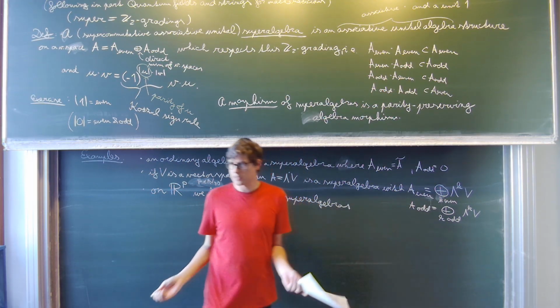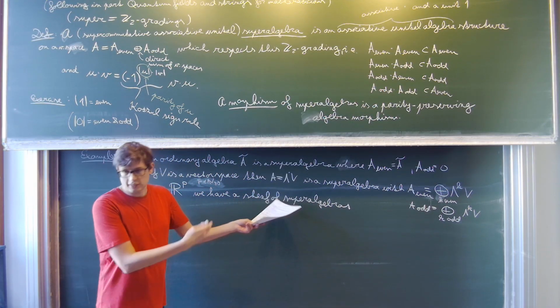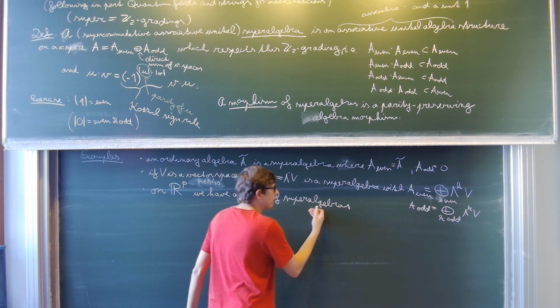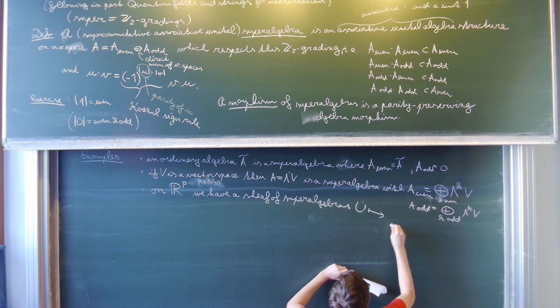So what is a sheaf? A sheaf is something that takes an open set and assigns to it an object, in this case a superalgebra. To each U, it assigns the following superalgebra.